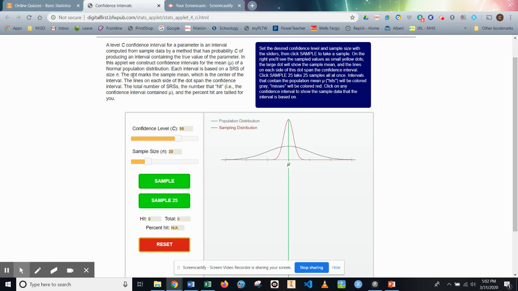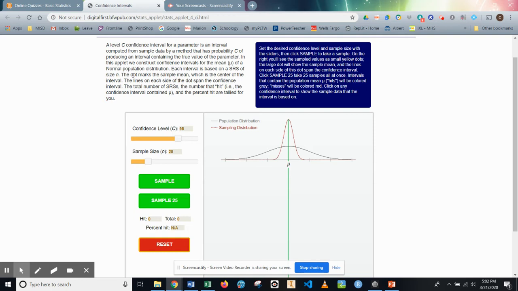The other things we have to have for our interval is a level of confidence. And that's usually determined by the problem. It will be determined by the problem I give you. A researcher would determine that value prior to starting their research. You need to have a sample size. In this case, it's just 20.